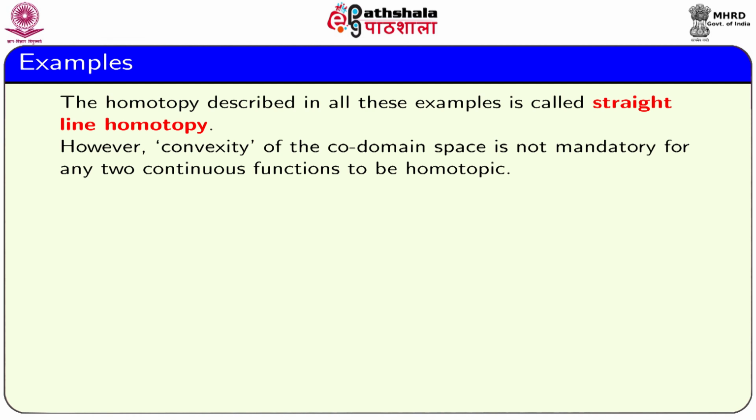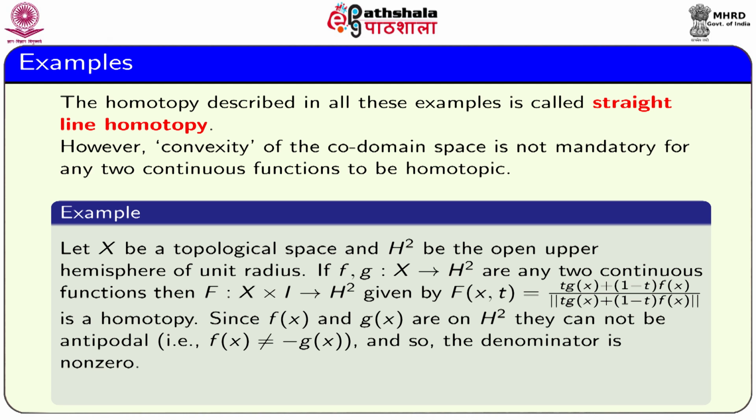However, convexity of the codomain space is not at all mandatory for any two functions to be homotopic. Let us see an example. If we start with a topological space X, we take an open upper hemisphere H2 of unit radius.